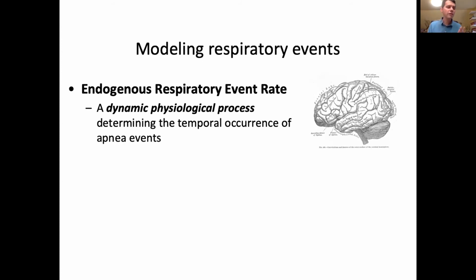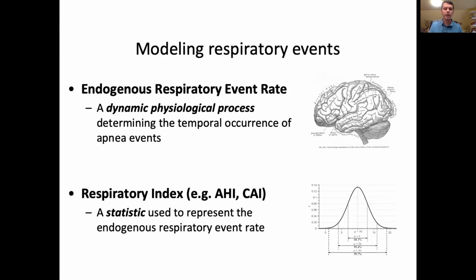But my understanding is often the way researchers look at this, or at least often the way clinicians try to devise therapies for dealing with apnea and disordered breathing, is by just measuring certain descriptive statistics, things like the AHI or the central apnea index, and to treat that statistic itself as the diagnostic factor.